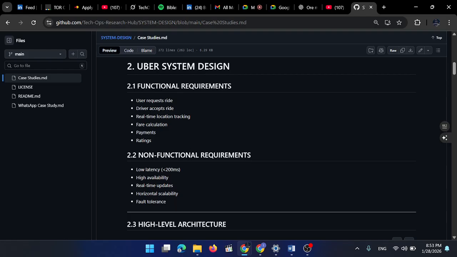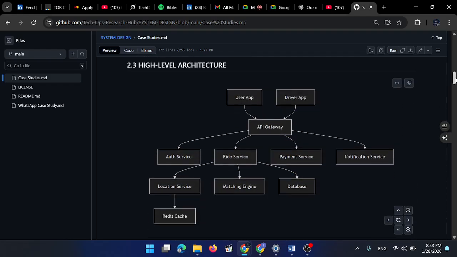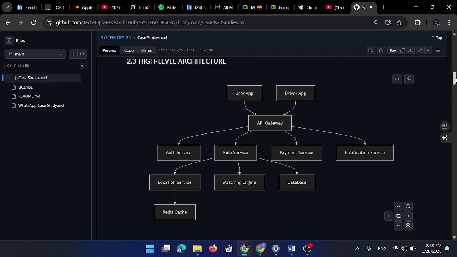So let's now look at the high-level architecture here. Remember, this is Uber, and the architecture is very interesting to look at, because we're dealing with both the user and the driver. I want us to understand how the user app and the driver app communicate together to ensure that the services being offered are effective.